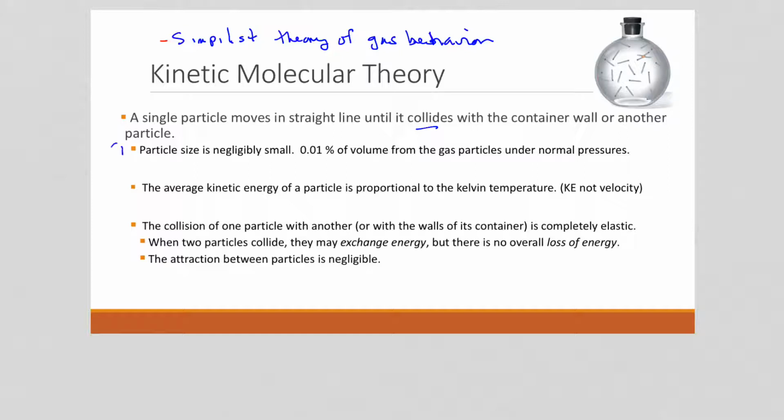If we think about the first one, and that is that particle size is negligibly small, right? The actual particles of the gas occupy about 1/100th% of the volume of the gas sample. So 0.01% of the volume is actually coming from the actual gas particles. Right? So this goes back to the idea of lots of empty space.